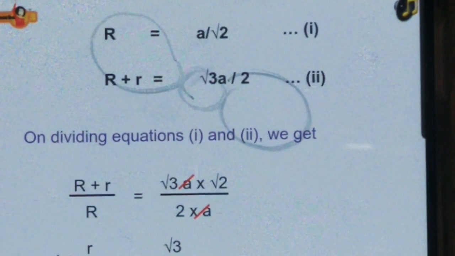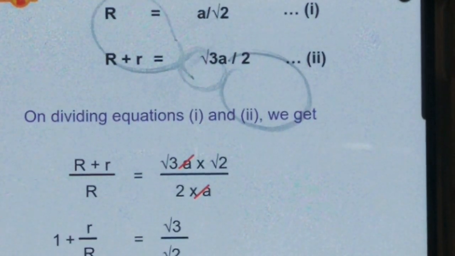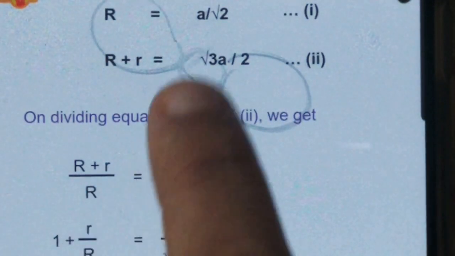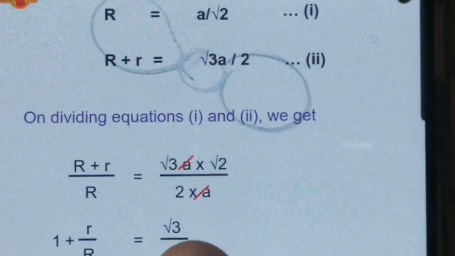So on dividing equation 1 and 2, what will we get? Divide 1 and 2. R plus r divided by R equals root 3 A by root 2 divided by 2A.